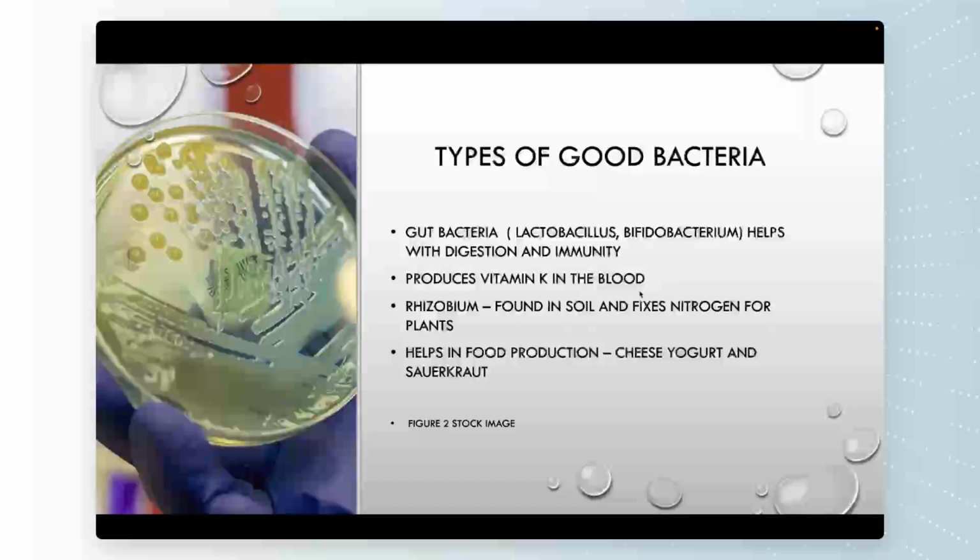They are used in the food industry to ferment yogurt, cheese, and sauerkraut. We also see bacteria used in agriculture. Nitrogen-fixing bacteria helps plants grow by converting nitrogen in the air into a form plants can use.